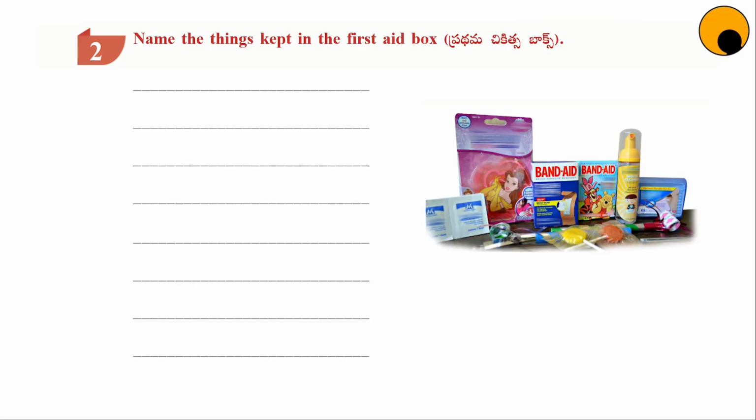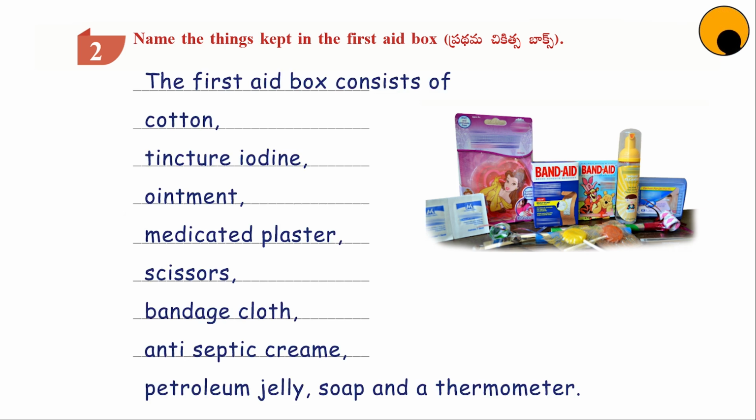Name the things kept in the first aid box. The first aid box consists of cotton, tincture iodine, ointment, medicated plaster, scissors, bandage cloth, antiseptic cream, petroleum jelly, soap, and a thermometer.